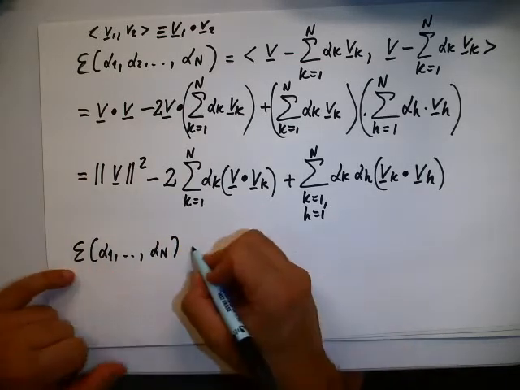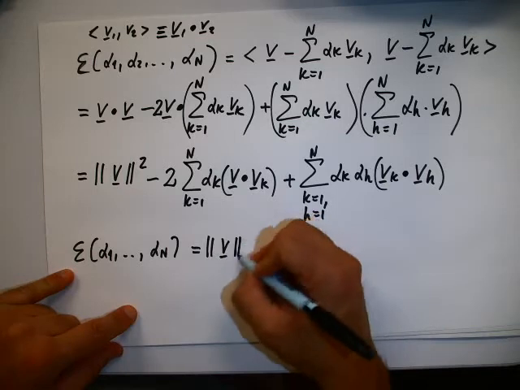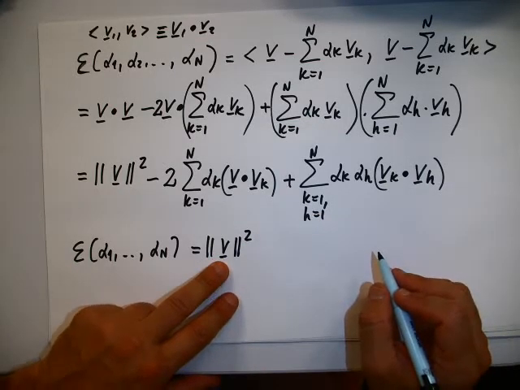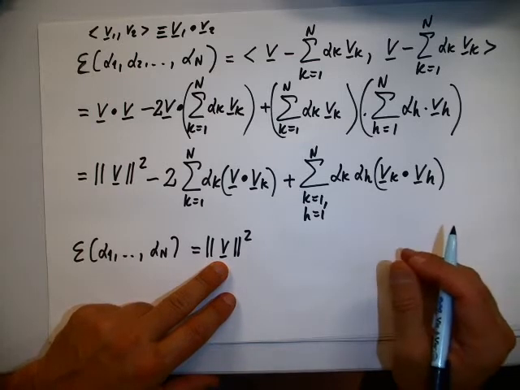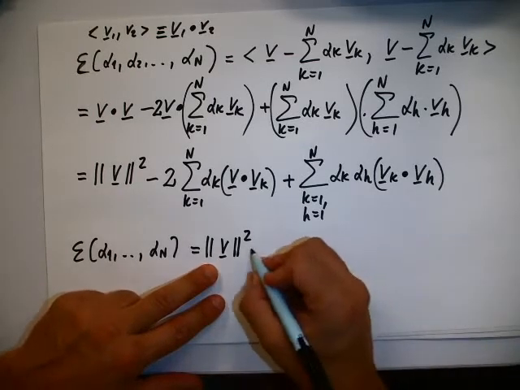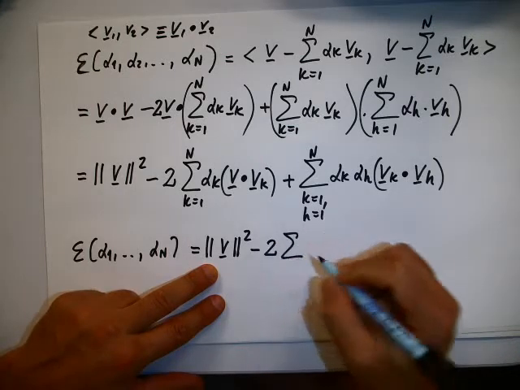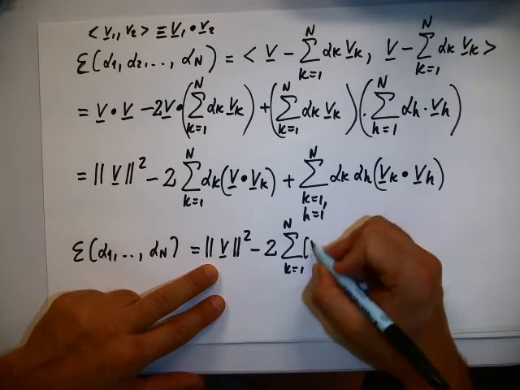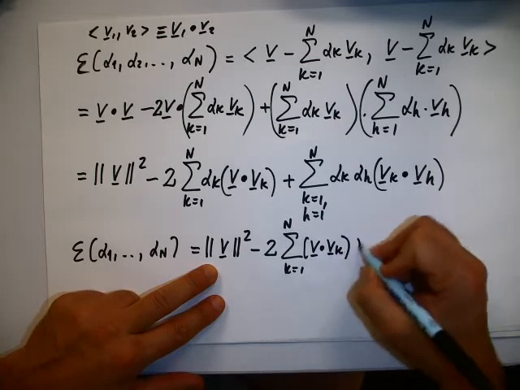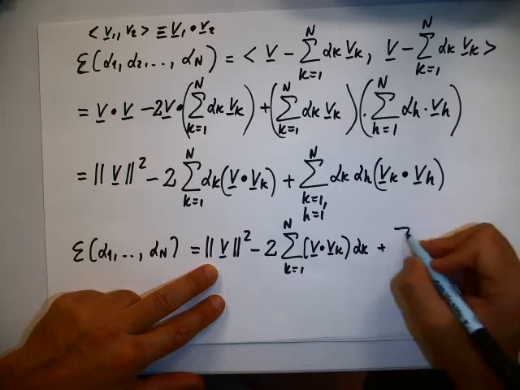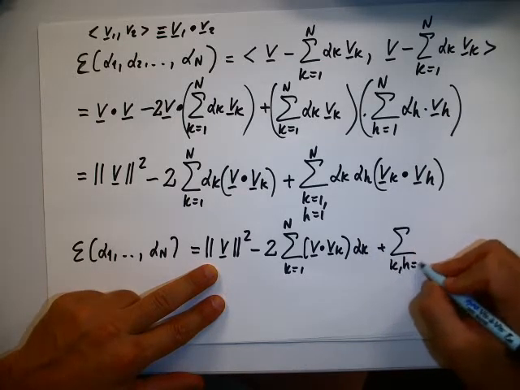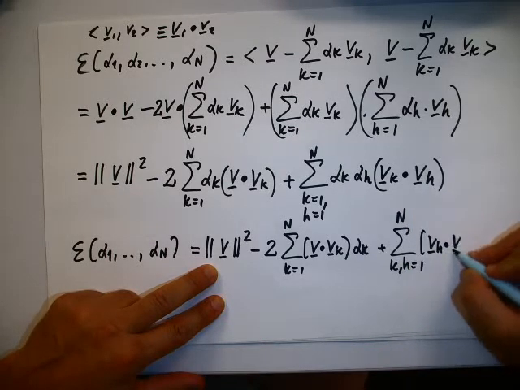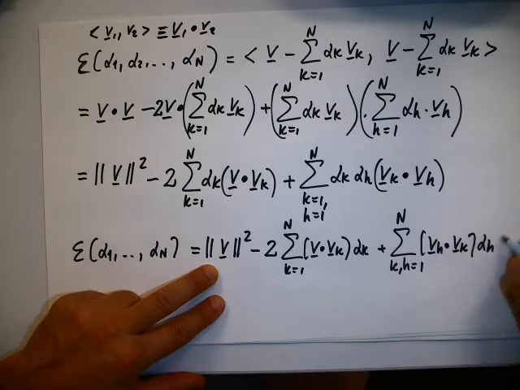So this error is given by the original length, the length of the given vector v that we have, and we know this is just a number, minus 2 times the sum from k equals 1 to n of v dot v sub k alpha k, plus the double sum from k, h equals 1 to n of v sub h dot v sub k alpha h alpha k.